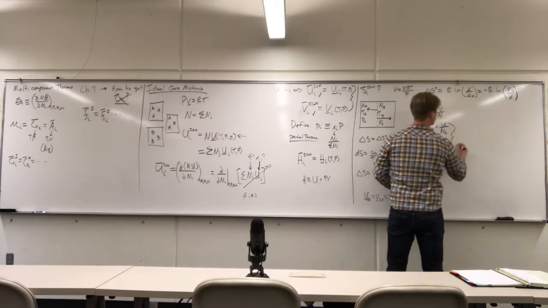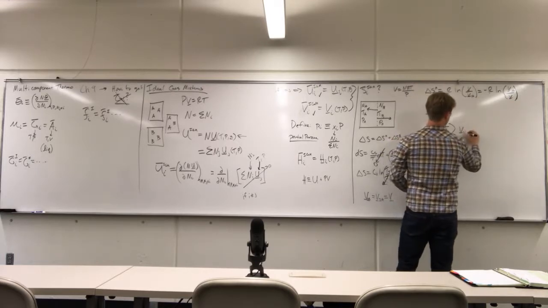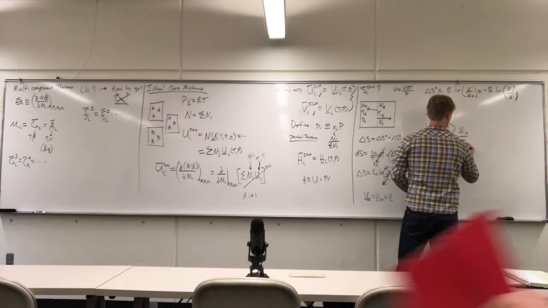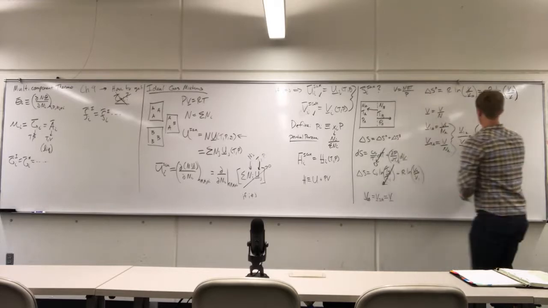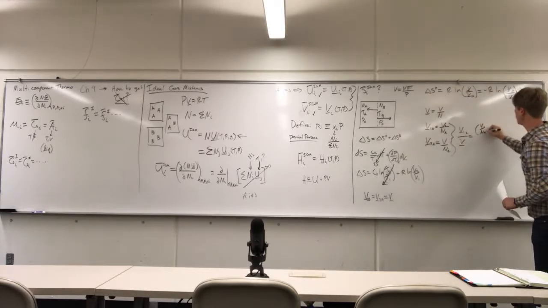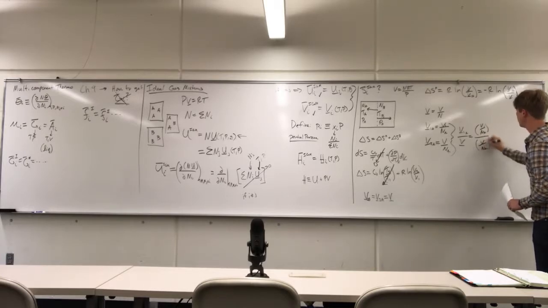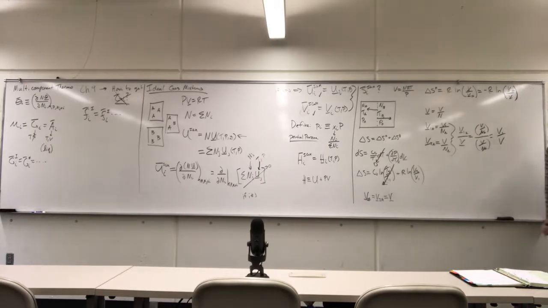So if we put these together, V underbar of 1A over V underbar of 2A is equal to V1 over NA divided by V over NA, and they cancel out, which is just equal to V1 over V. I just want to make sure I canceled all the NAs correctly.